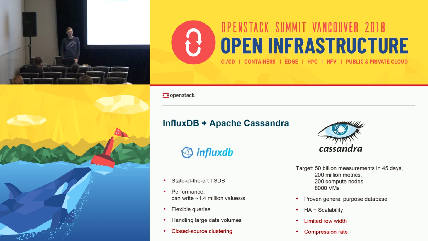So we decided to add support for Apache Cassandra as a time series database. It is a proven general purpose database used in hundreds, if not thousands, of deployments in different scenarios, scales very well.